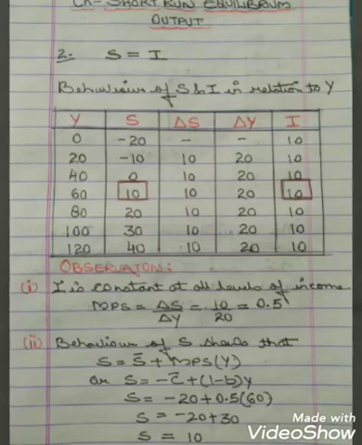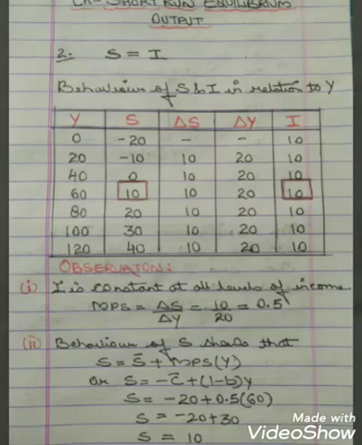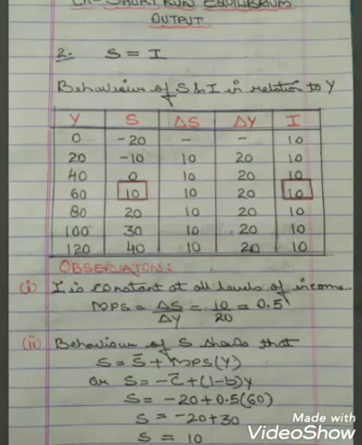Delta S, which is the change in saving, has a difference of 10. Delta Y, the change in income, has a difference of 20, where I is constant at 10. This is because I is an autonomous investment, which means it will remain constant no matter what the income is.